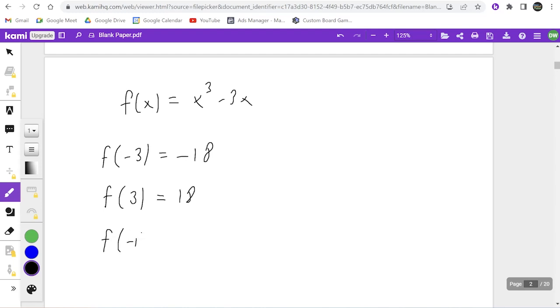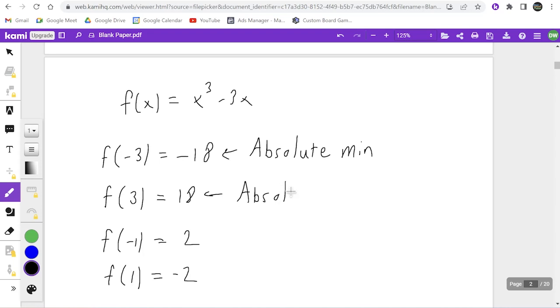When I plug in negative 1, I'm going to get 2. And when I plug in positive 1, I'm going to get negative 2. So as you can see here, negative 18 is my absolute minimum, and positive 18 is my absolute maximum.